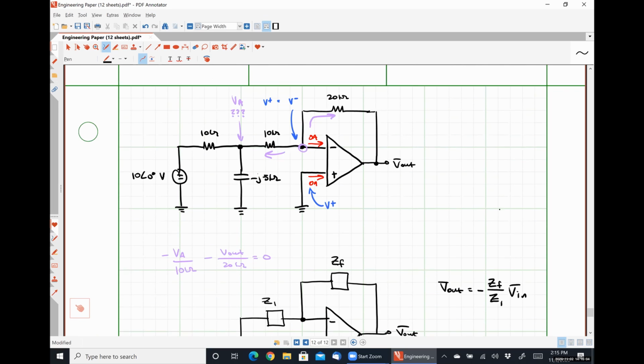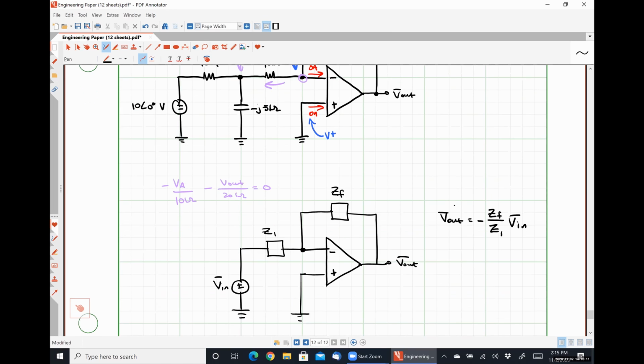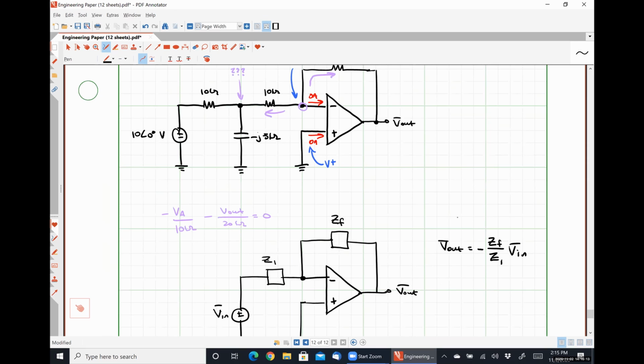So my question to you guys is, how would we convert the circuit on top to give us the circuit on bottom? What could we do? We don't need to actually do the math here. Let's just talk our way through it. Does anybody have any ideas?